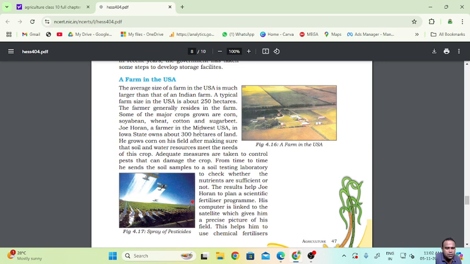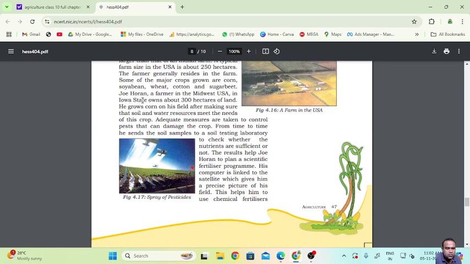Joe Horan, a farmer in Midwest USA in Iowa State, owns about 300 hectares of land. He grows corn on his field after making sure that soil and water resources meet the needs of this crop. Adequate measures are taken to control pests that can damage the crop.